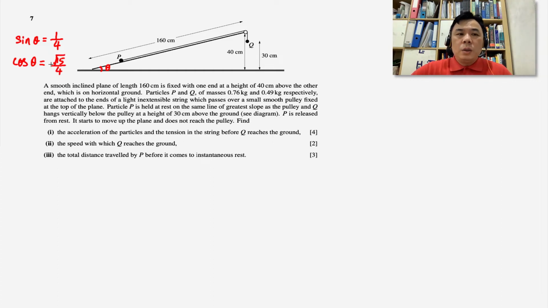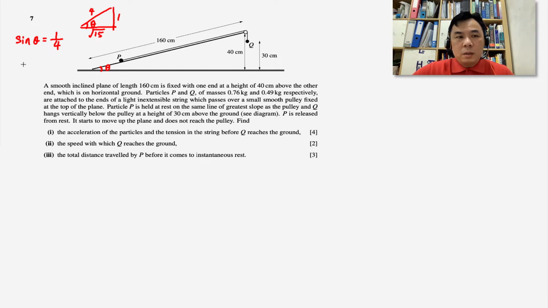You can do this by, now let me show it to you first. Because sine theta is 1/4, you can draw out a right angled triangle. So I'm going to draw out a right angled triangle here, and this is theta. The ratio is 1 to 4 here. Then you can find this missing length, which is root 15 to be precise.